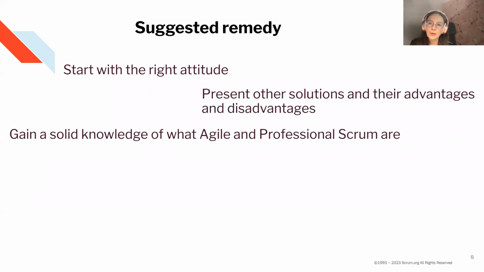If you want to be an active member of the team, committed, open for any also challenging discussions, we believe that gaining the knowledge about Scrum, about Professional Scrum, about what Agile means and what it does not mean, will help you definitely, so that you can become a partner in conversations.